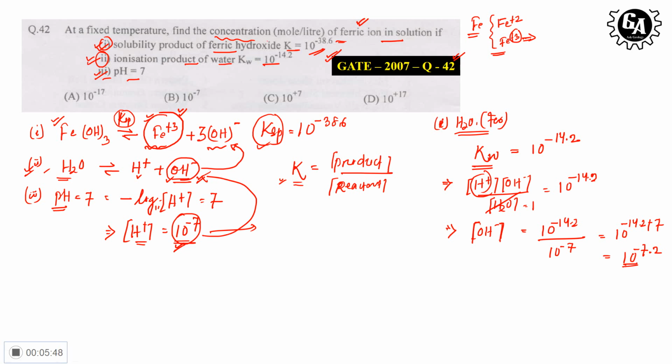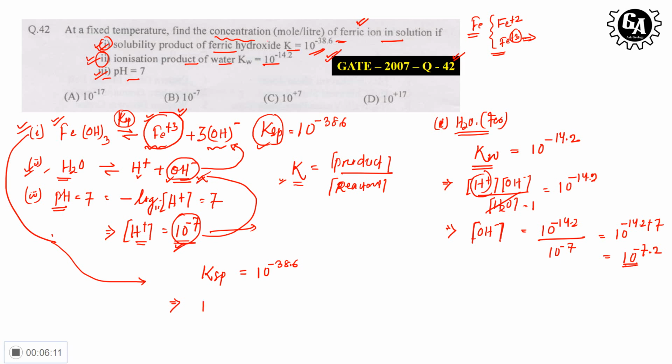Now in the second case, we will see the solubility product of ferric hydroxide for this reaction. Okay, now for this reaction, KSP, the solubility product, is given to be 10 to the power minus 38.6, isn't it? So how will this KSP be calculated?